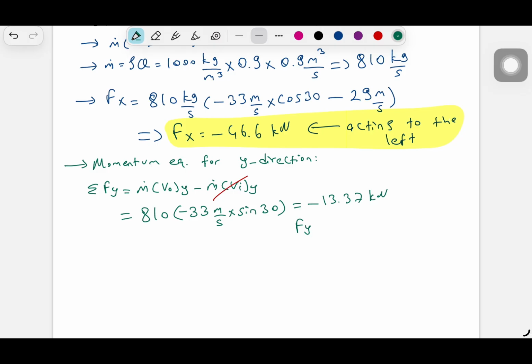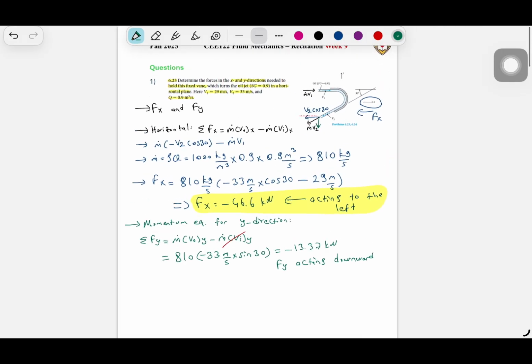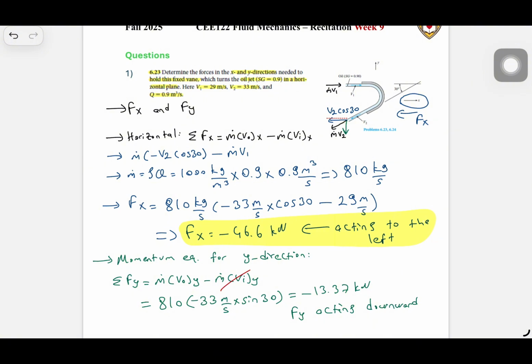So this means we have Fy acting downward. This is also the same as with the horizontal. The question takes the upward direction as positive, but we calculated negative, so it means we have a downward vertical force.